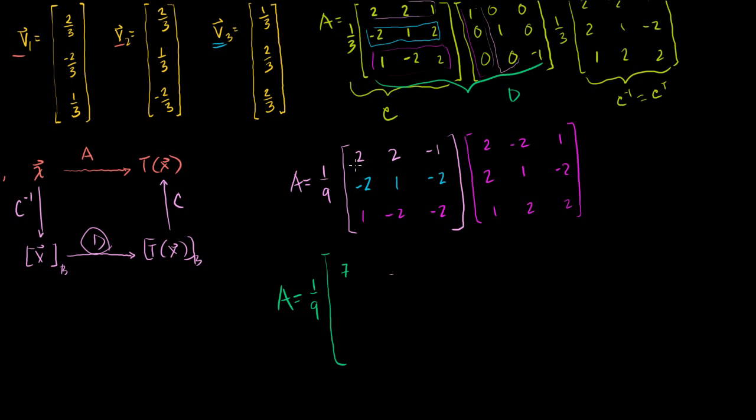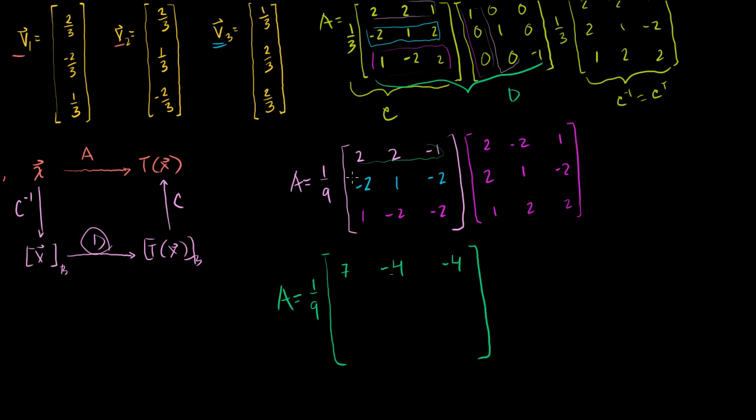Then we're going to multiply this guy times this column. So 2 times minus 2 is minus 4, plus 2 is minus 2, minus 2 is minus 4. Then we're going to have 2 times 1 is 2, minus 4, which is minus 2, and then minus 2, which is minus 4. Not so painful.